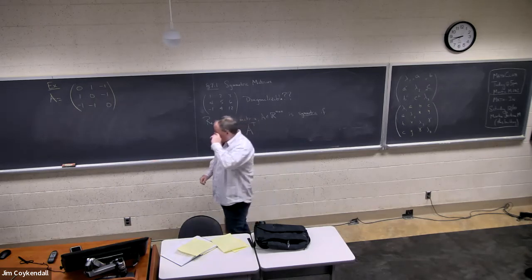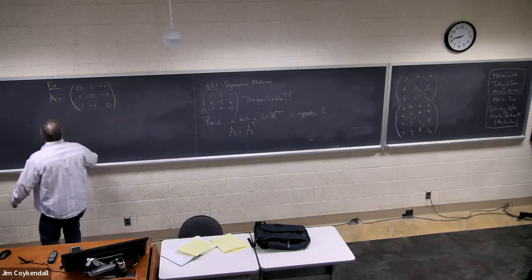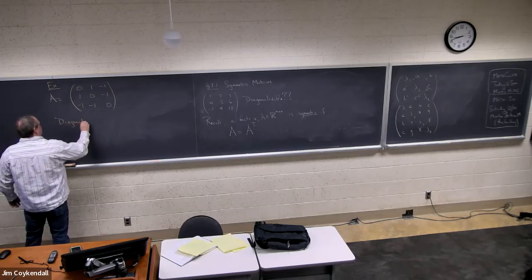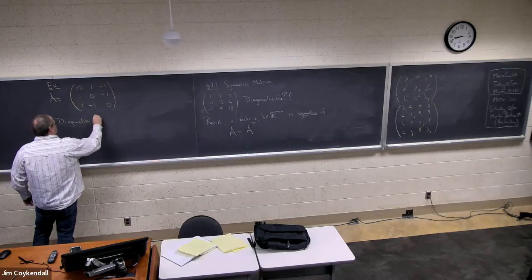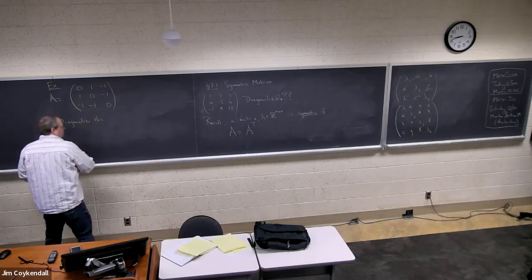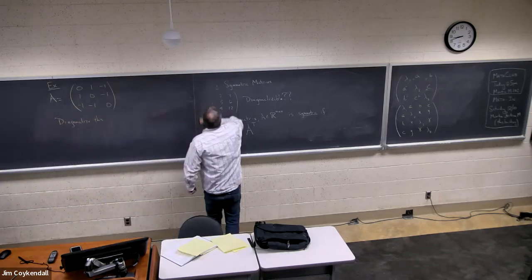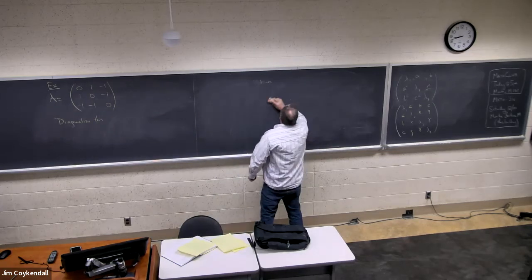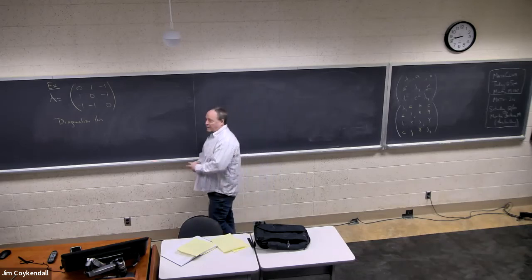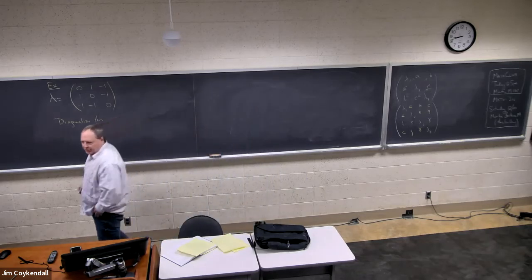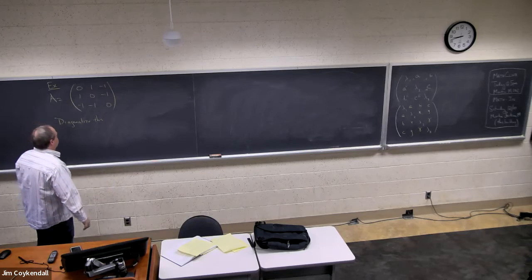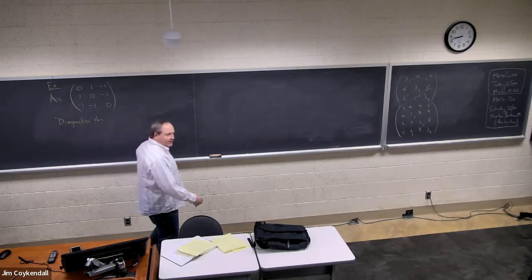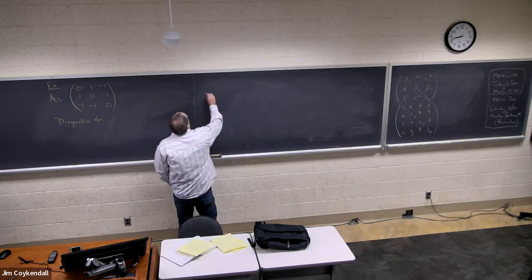I want to diagonalize it. Of course, I'm making a lot of claims that you can do it, but it will turn out that you can. So the first thing I'm going to do is go through the process. Let's find the eigenvalues and the eigenvectors.